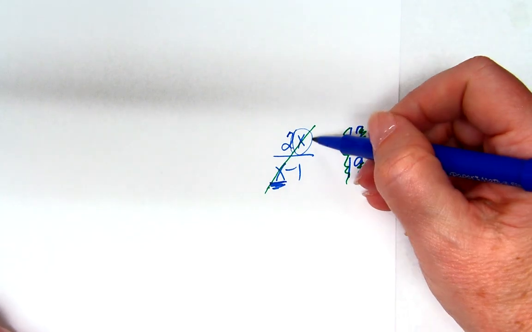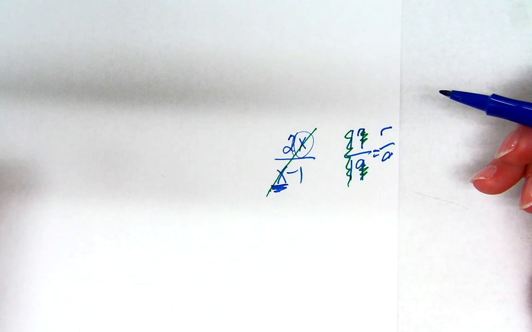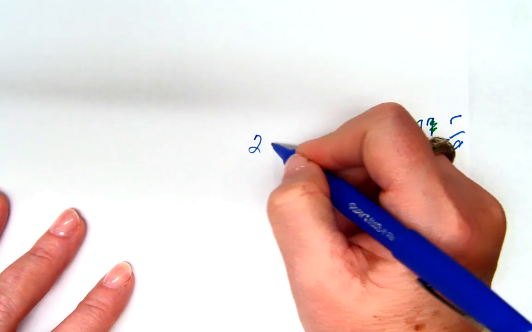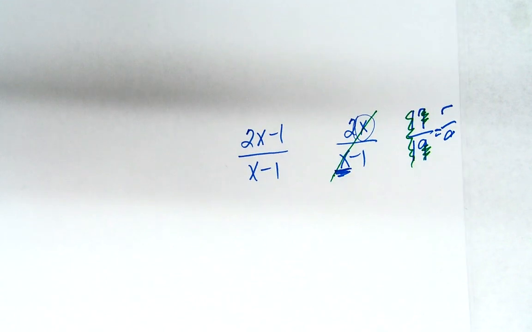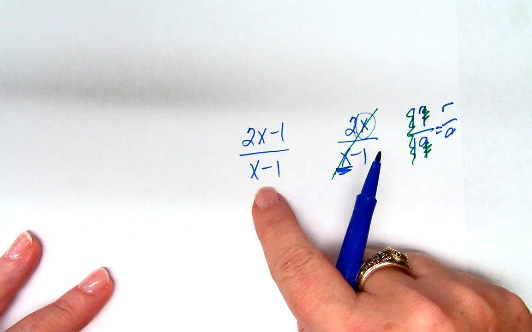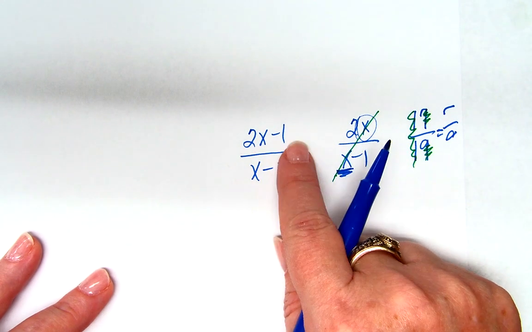And unless there's another x minus 1 up here, can I cross out the x at all? No. Can I cross out the x minus 1 now? Wait. No. Why can I not cross out the x minus 1 now? Theirs is a 2x minus 1.